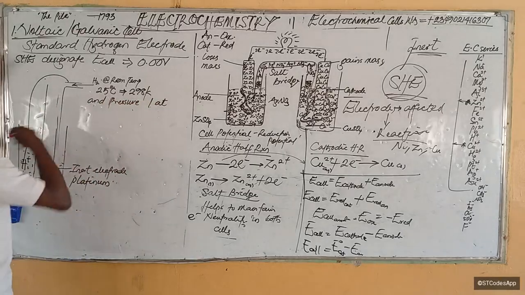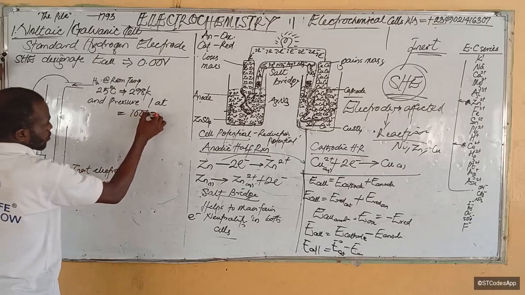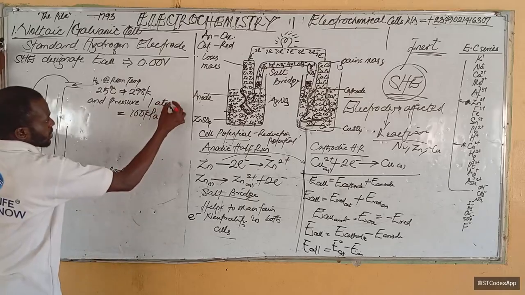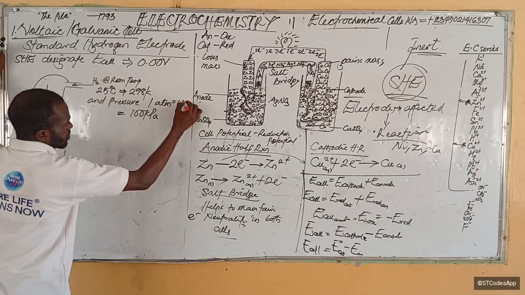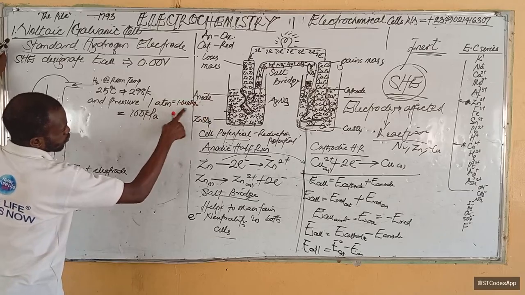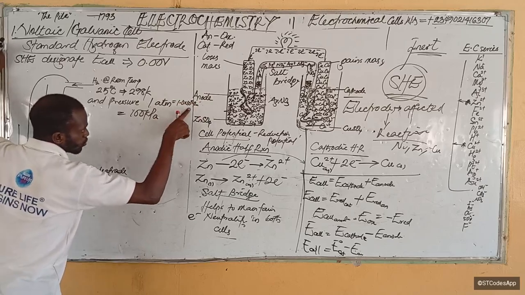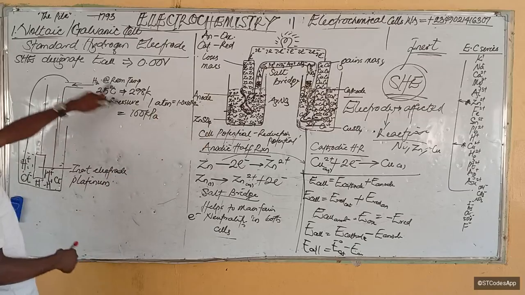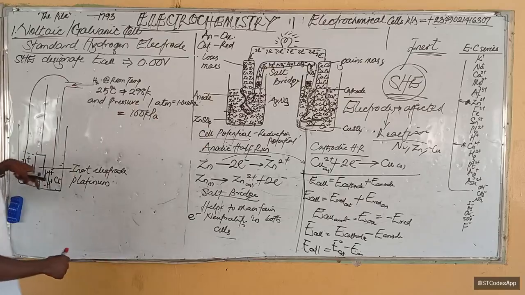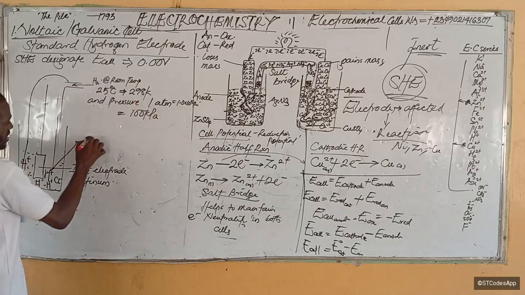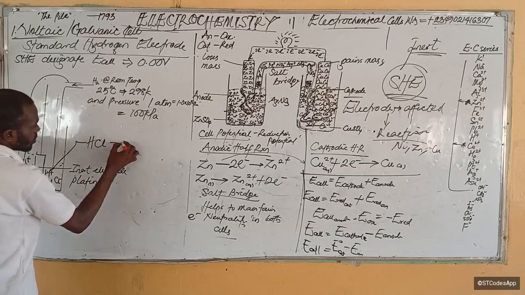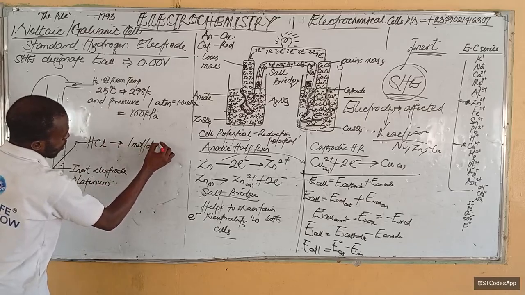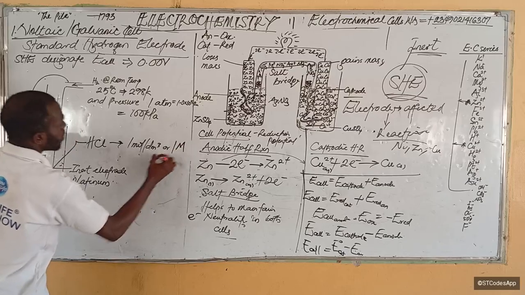You might see your textbook designate 100 kilopascals, because 1 atm is approximately 1.0 times 10 to the power 5 pascals, that is 100,000 pascals. At this temperature and pressure, you set this into a solution of HCl with a concentration of 1 mole per dm³, or 1 molar solution.